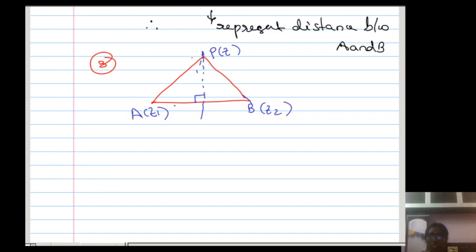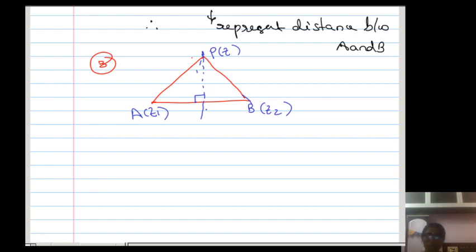Bisector of the points Z1 and Z2 means the distance between Z and Z1 should be the same as the distance between Z and Z2. The locus of the point satisfying the condition that the distance between Z and Z1 is the same as the distance between Z and Z2 represents what? The distance between Z and Z1 and between Z and Z2 being the same means what?